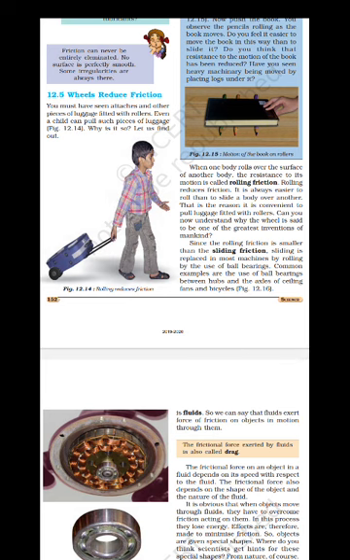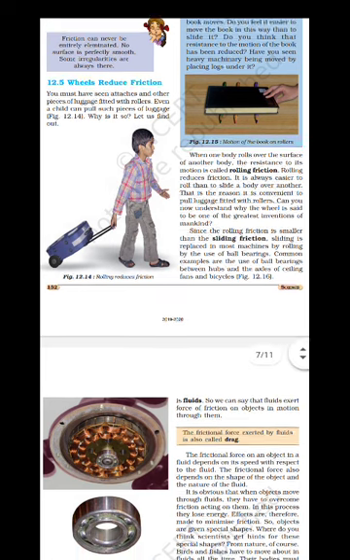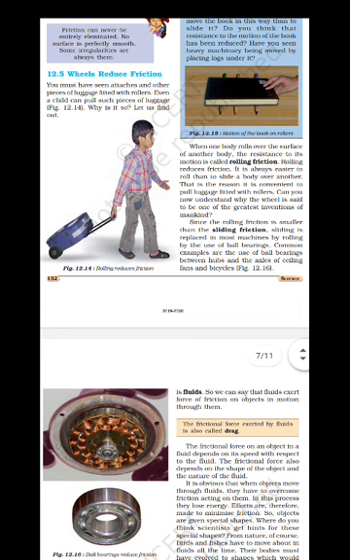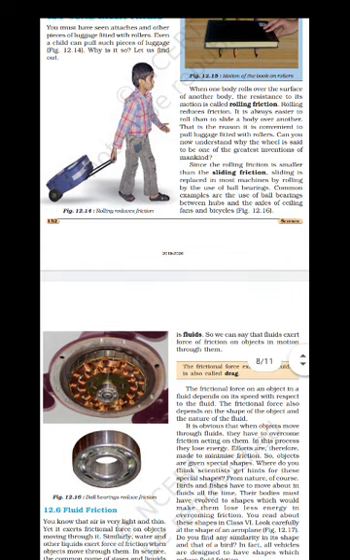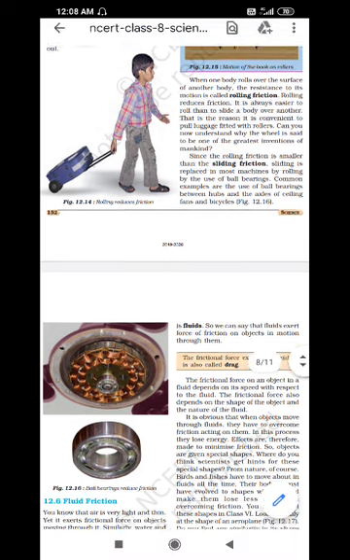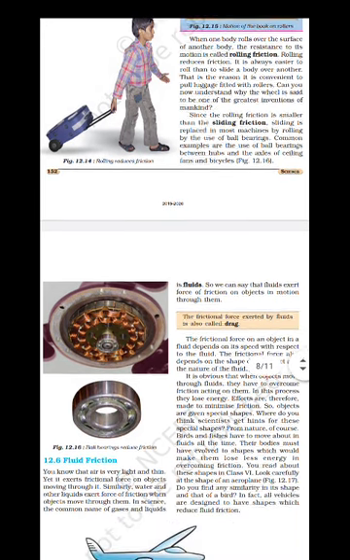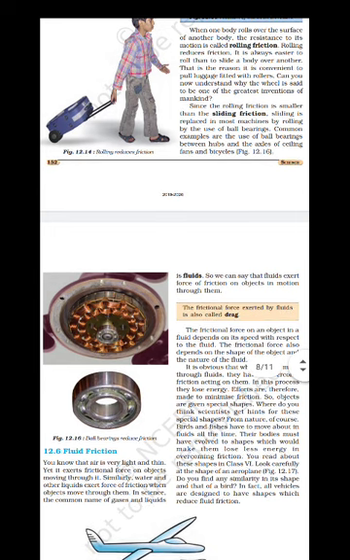Sliding friction is replaced in most machines by using ball bearings. Small ball-like structures, when they are put between the two surfaces, can easily, with lesser friction, move the two bodies.